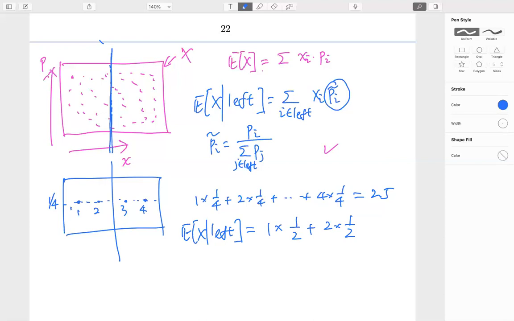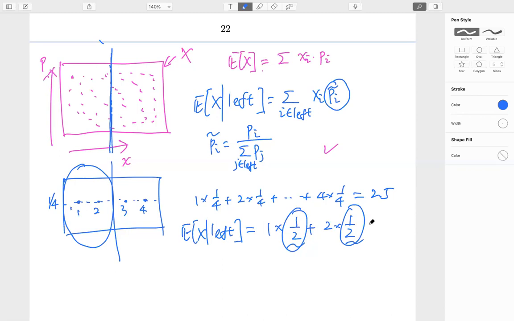Now I consider everything on the left-hand side. So the probability will change correspondingly because this is my new world. My world is not 1 anymore, my world is half. So if my entire world is half, 1/4 is 50% of my entire world. So that's why it is 50%, 50%.